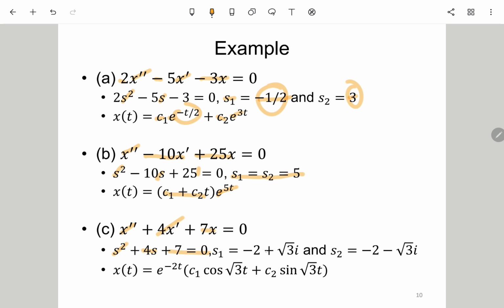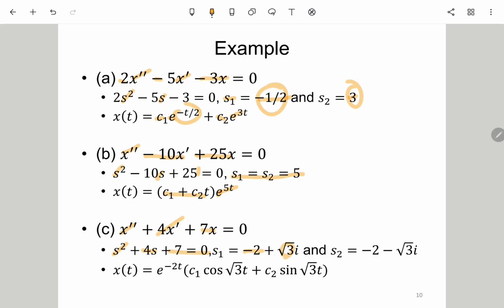Negative b over 2a is negative 2, and then this part is square root of 4ac minus b squared over 2a, which is square root of 3.